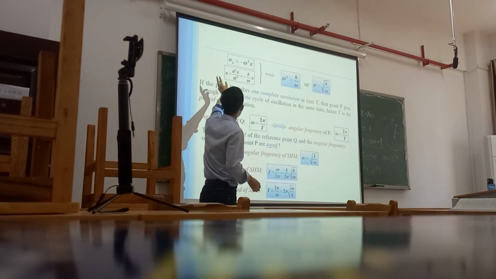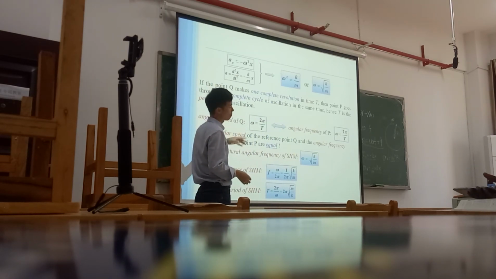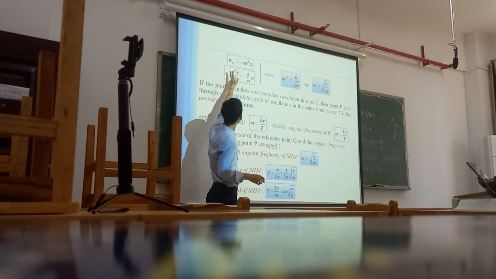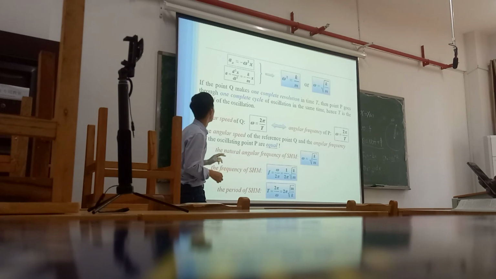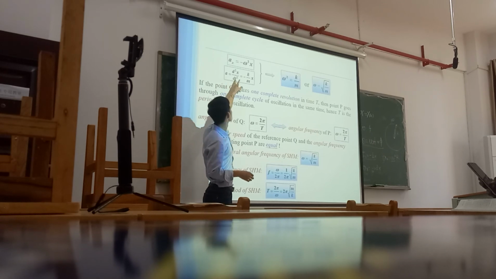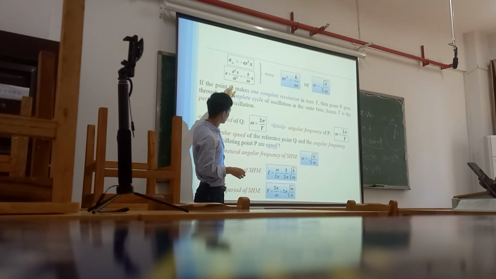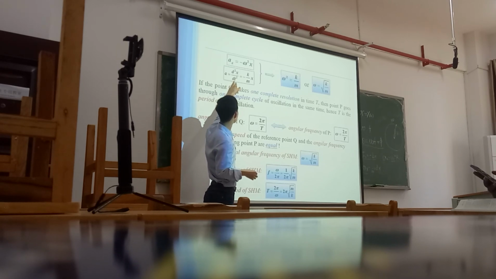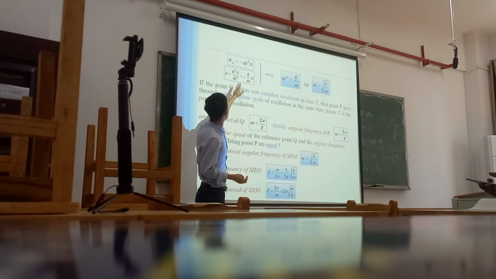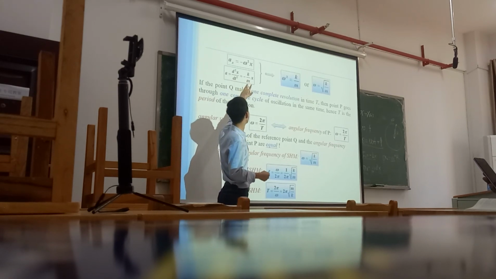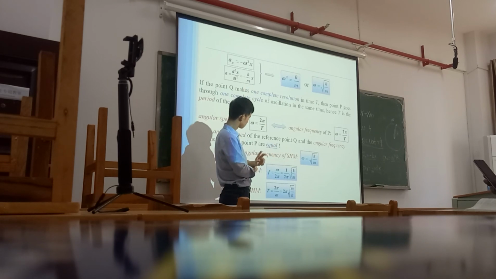We can find the acceleration in two ways. The first one: a_x is equal to minus omega square x. And the second one: a_x is the second derivative of x with respect to time, d²x over dt² is equal to minus k over m times x.